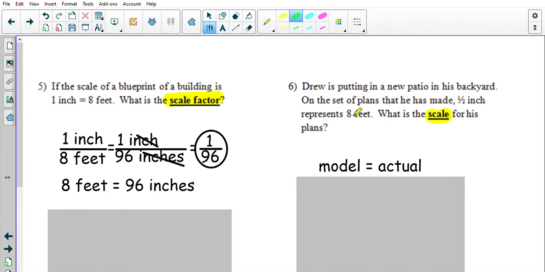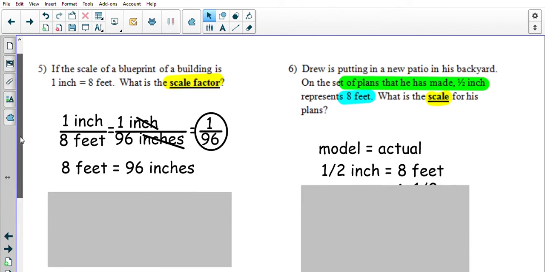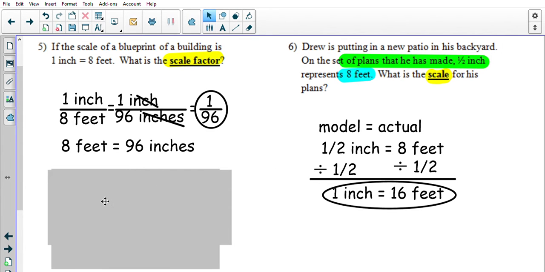We know that on the set of plans he has made, we've got a 1/2 inch, so that's going to be our model. That represents 8 feet. That's actual. So we can write 1/2 inch equals 8 feet, divide both sides by 1/2, or multiply by 2, will get us that 1 inch equals 16 feet. We do need labels for the scale. Scale factor, we do not.